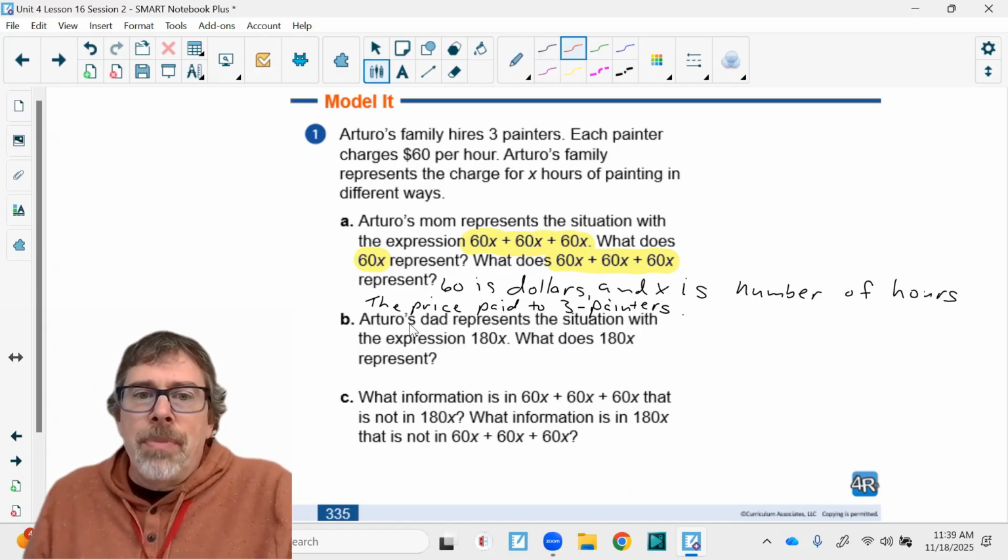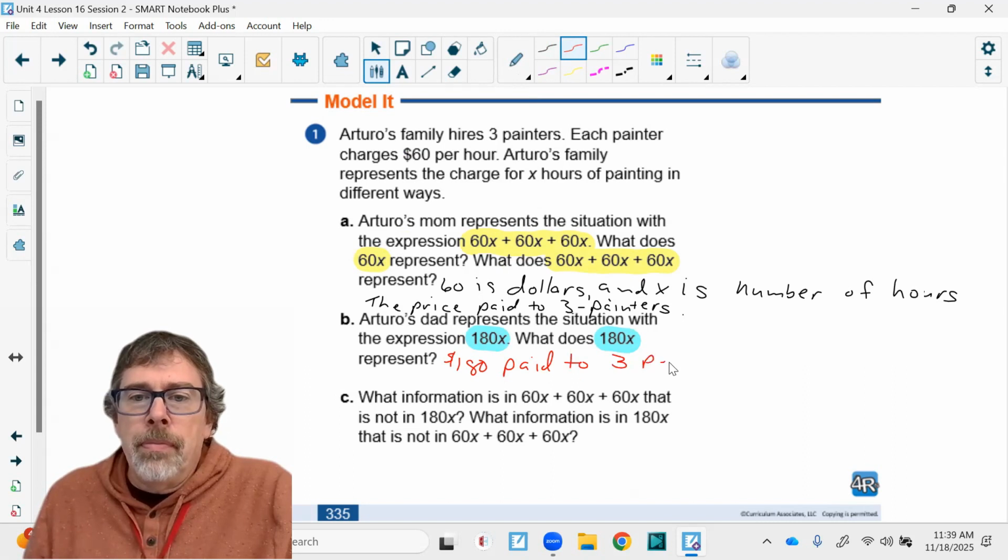Part B says Arturo's dad represents the situation with the expression 180x. What does the 180x represent? Well, the 180 is dollars paid to 3 painters, who are people.